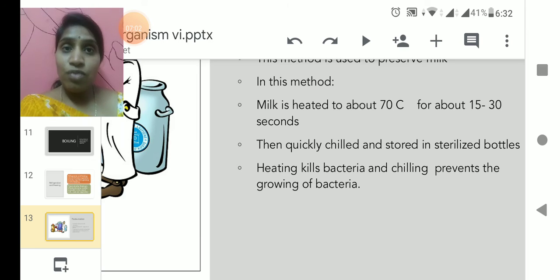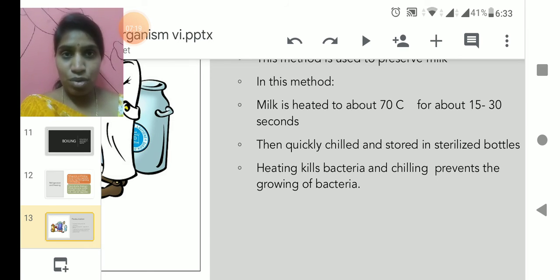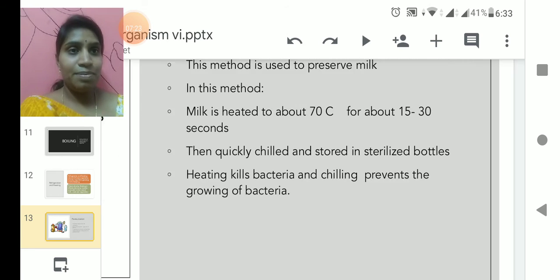Here, while heating the milk up to 70 degrees, we are killing the microorganisms and instantly we are chilling it. So we are making it cool so that we are stopping the growth of the microorganisms. Yes, by the process of pasteurization, you are seeing the pasteurized milk packets, right?